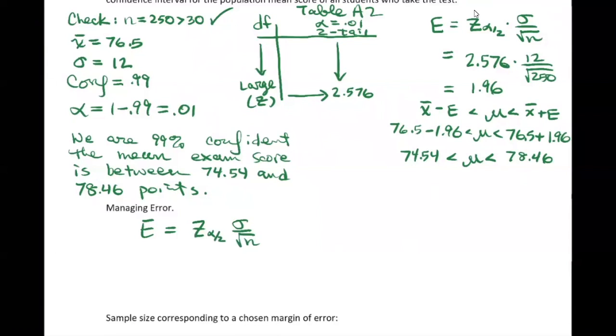So we're trying to solve for the sample size, so we'll multiply both sides by the square root of n here, and we'll divide by the error. And so you can see that those sample sizes cancel on the right, and the errors cancel on the left.